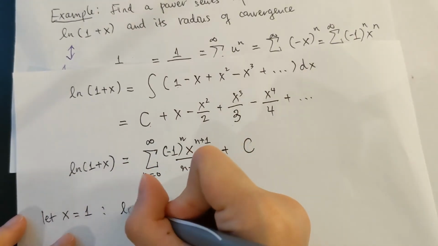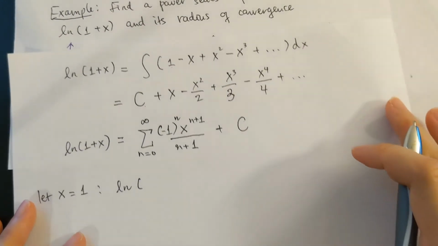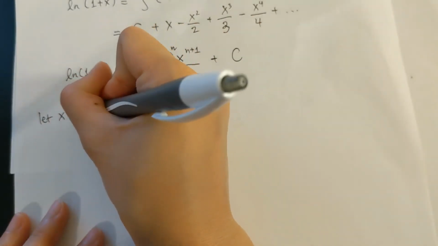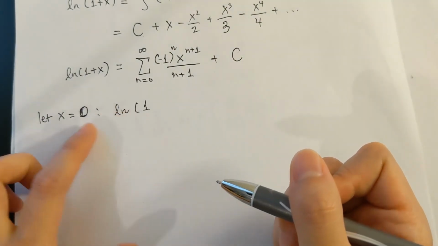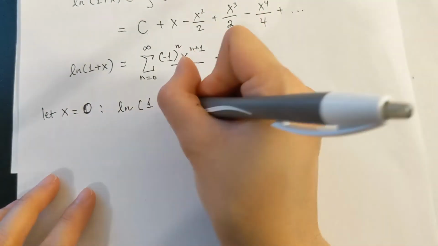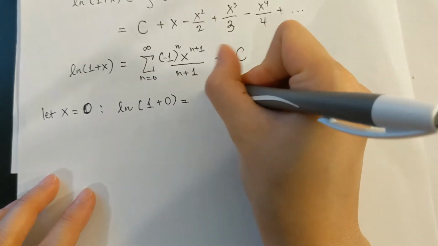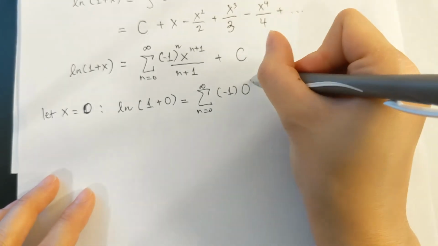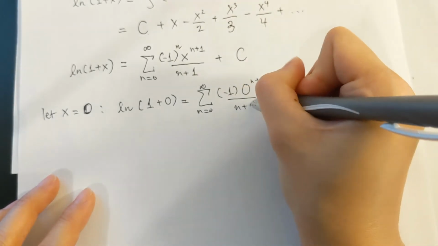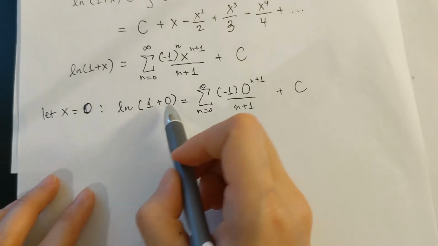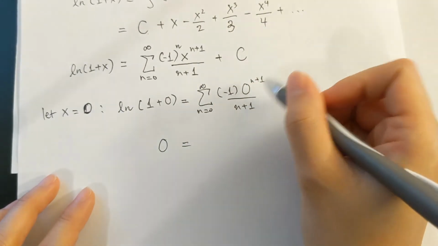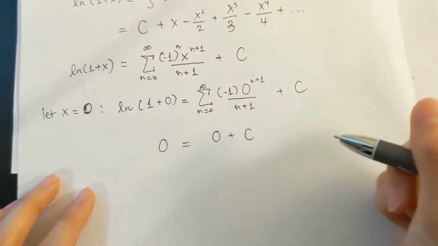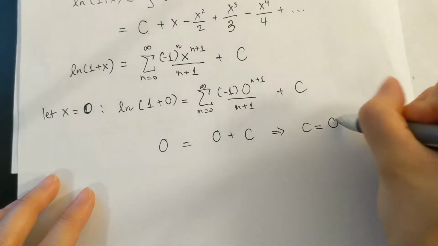Then my left-hand side becomes the natural log of 1 plus 0, and this right-hand side would be 0 raised to some power plus c. Natural log of 1 is 0, and 0 to some power, adding a bunch of 0s, will be 0. So c is 0.